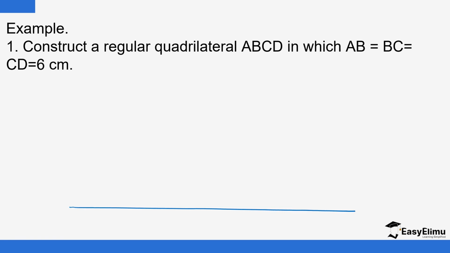Then now you mark A. So that is A. From A you measure 6 centimeters and you mark B. So I'm starting with AB. So 6 centimeters.